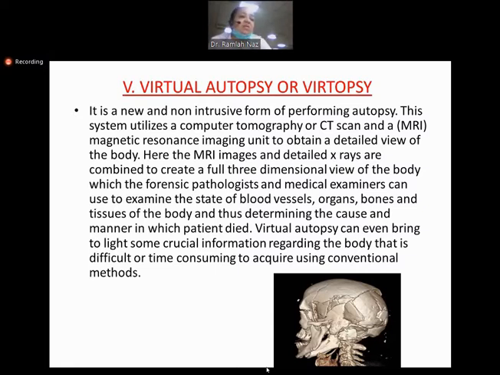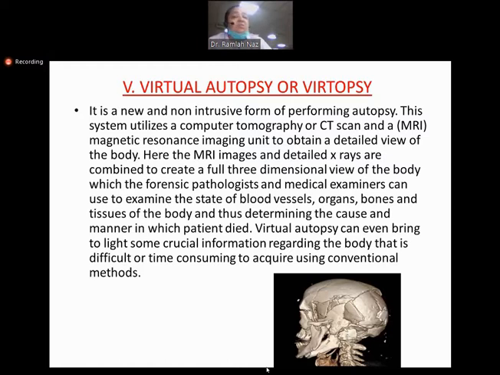Here, the MRI images and detailed X-rays are combined to create a full 3D view of the body, which the forensic pathologist or medical examiner can use to examine the state of the blood vessels, organs, bones, and tissues of the body, and to determine the cause and manner of death.